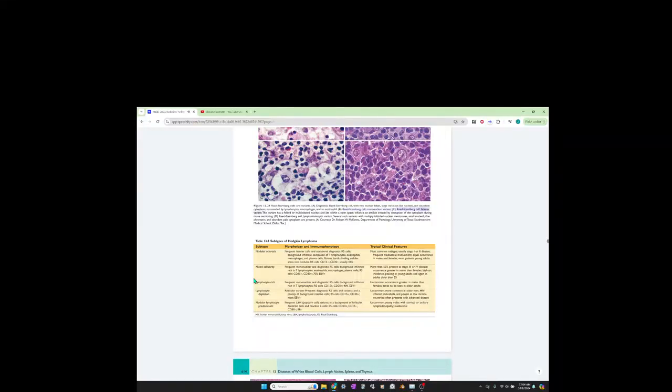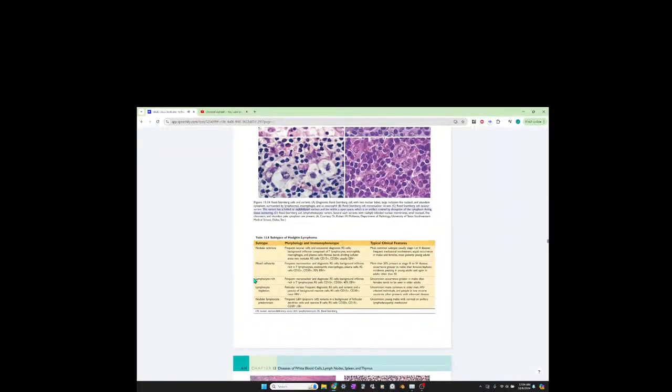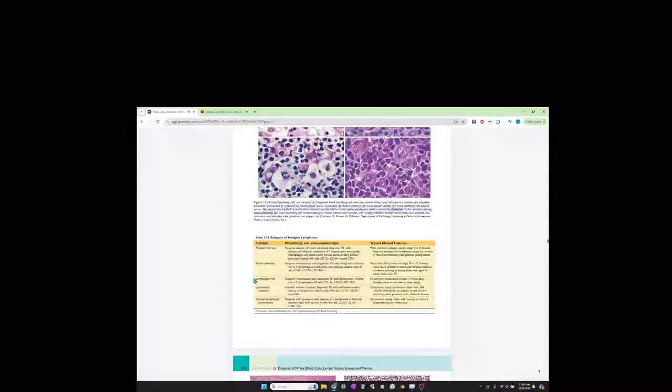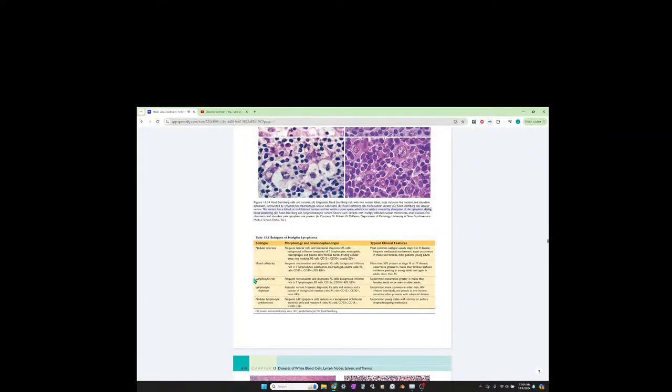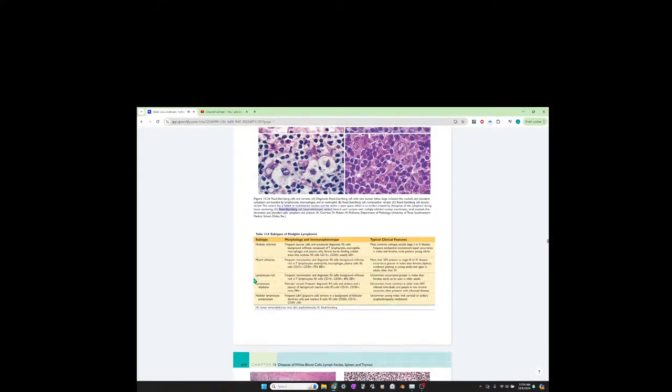Reed-Sternberg cell, lacunar variant. This variant has a folded or multilobated nucleus and lies within an open space, which is an artifact created by disruption of the cytoplasm during tissue sectioning. Reed-Sternberg cell, lymphohistiocytic variant.